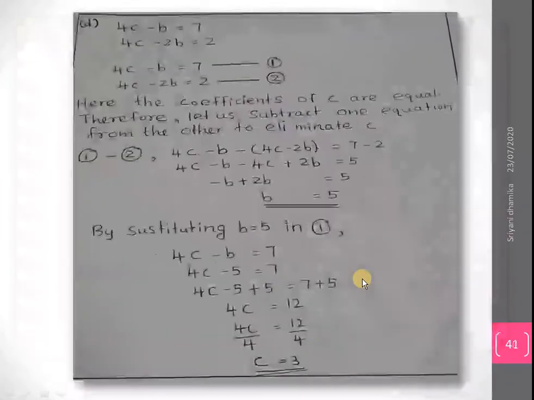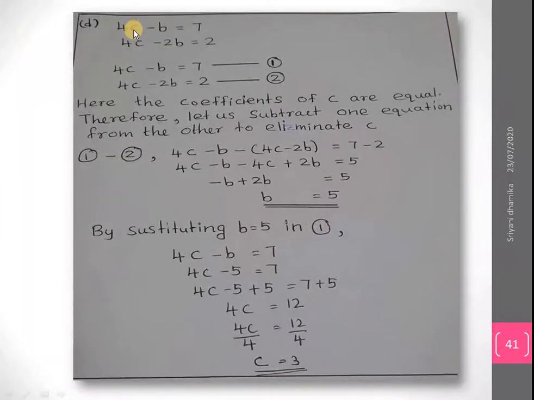Now let's move to the next question. Here are the simultaneous equations: 4c minus b equals 7, 4c minus 2b equals 2. Now observe that the coefficients of c are equal, 4 in the first equation and 4 in the second equation, but the coefficients of b in both equations have different values, so we can't eliminate the term b.